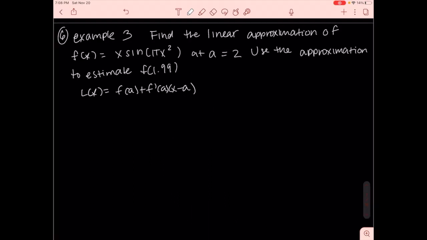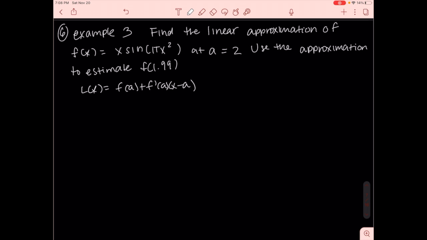Okay, let's try one last example before we move on from linearization. So they're asking us to find the linear approximation of f of x is equal to x sine of pi x squared at a equals 2, and to use that approximation to estimate f of 1.99. So I've gone ahead and written down our linearization formula right here. And so let's see, we've already got a is equal to 2.